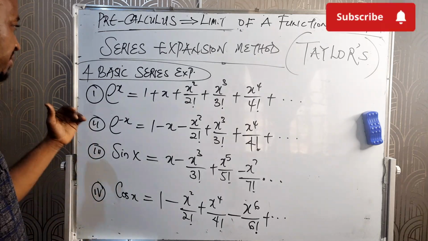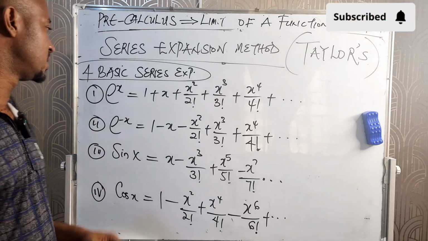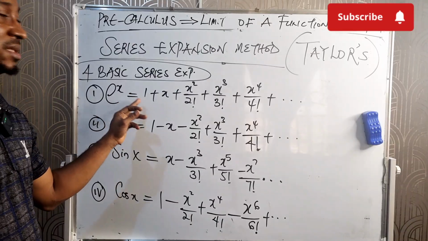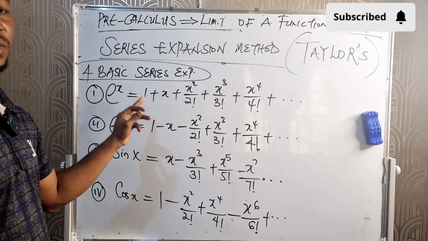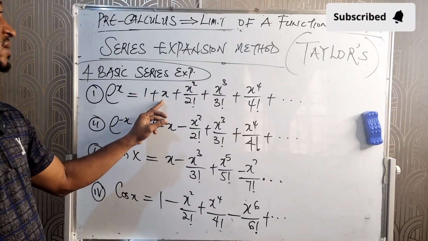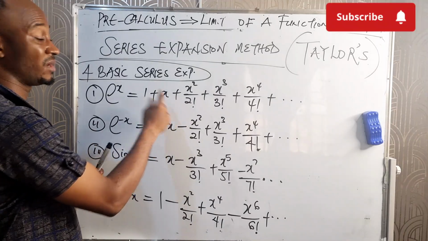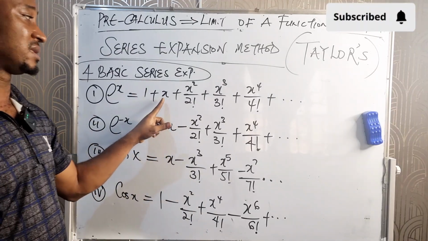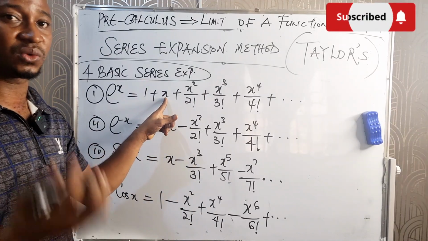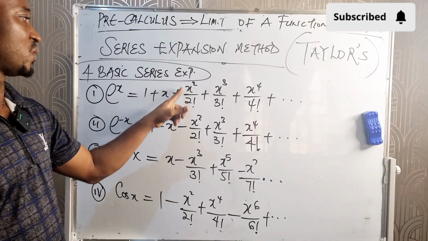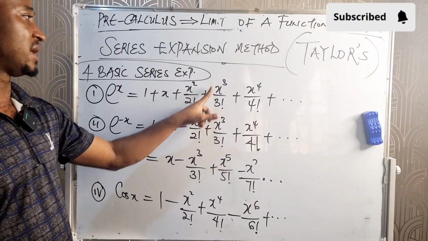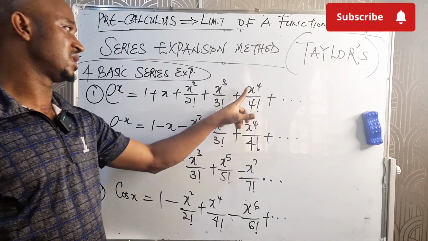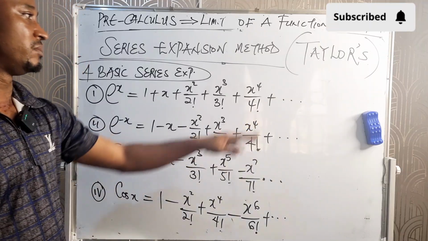So the first basic series expansion is this. For exponential x, the expansion says 1 plus x over 1 factorial, but we can leave it as 1 plus x because 1 factorial is still 1. So plus x squared over 2 factorial plus x cubed over 3 factorial plus x to the 4 over 4 factorial plus dot dot dot.